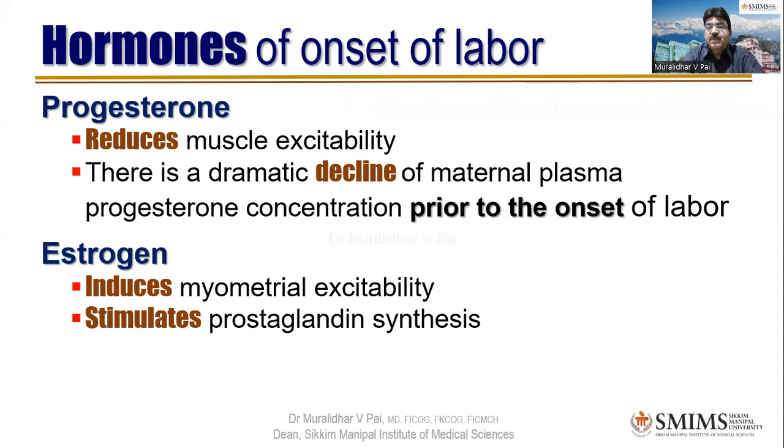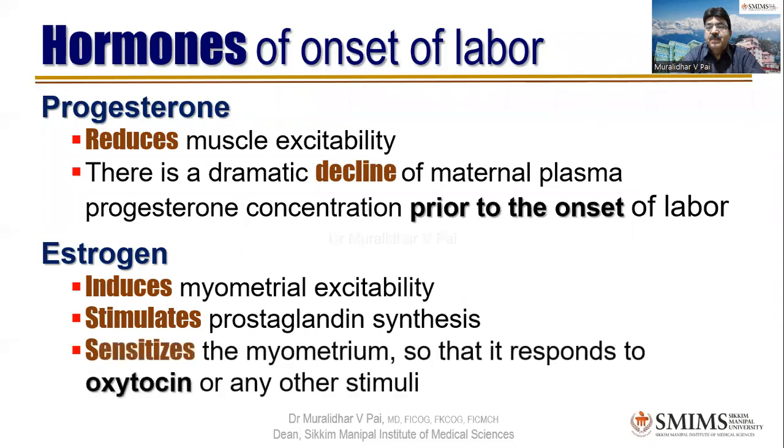Here again, when estrogen increases, it stimulates prostaglandin synthesis. And all of us know the role of prostaglandin in initiation of labor. It sensitizes the myometrium so that it responds to oxytocin or any other stimulant. So see here the role of estrogen. It induces myometrial excitability.